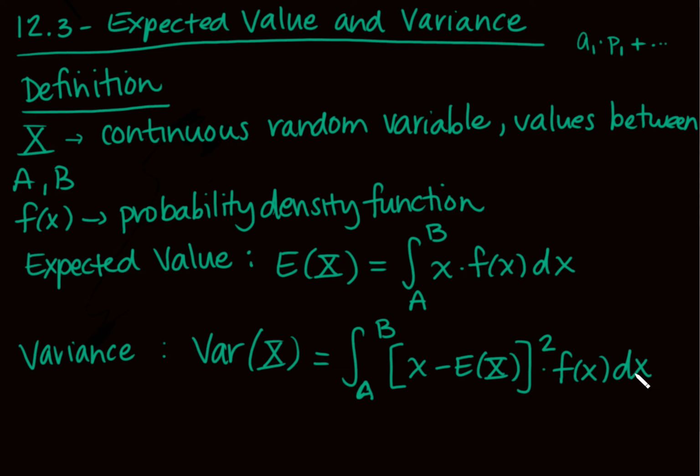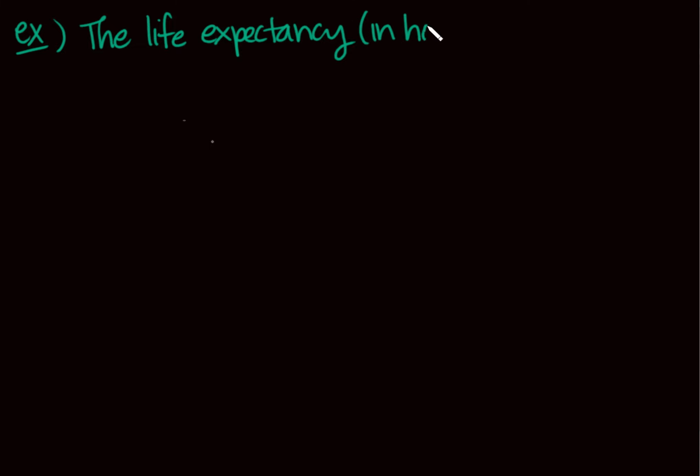Okay, let's do an example as usual. So here's my example. The life expectancy, that sounds pretty morbid, but we're talking about light bulbs, so it'll be okay. We'll say in hours.